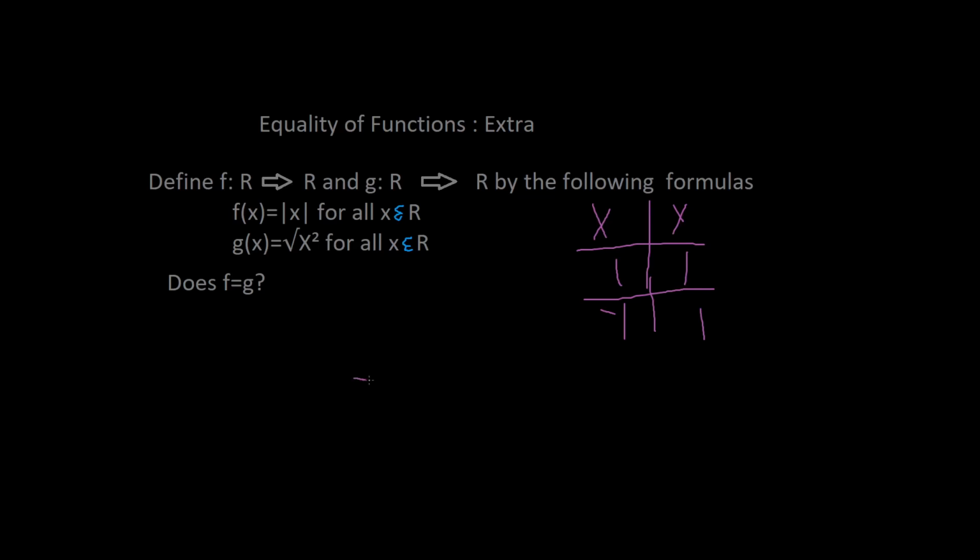So if we have a little number chart or graph, because we're dealing with x and y, we're going to have a 0 right here as our point. 0, 0, then 1 and 1, negative 1 and 1.